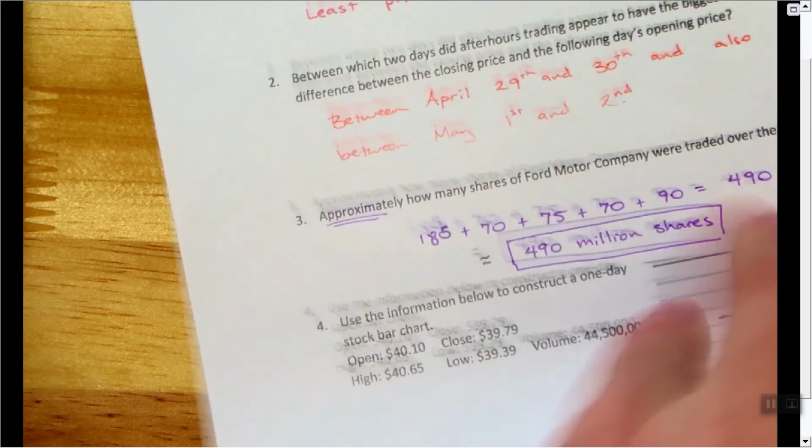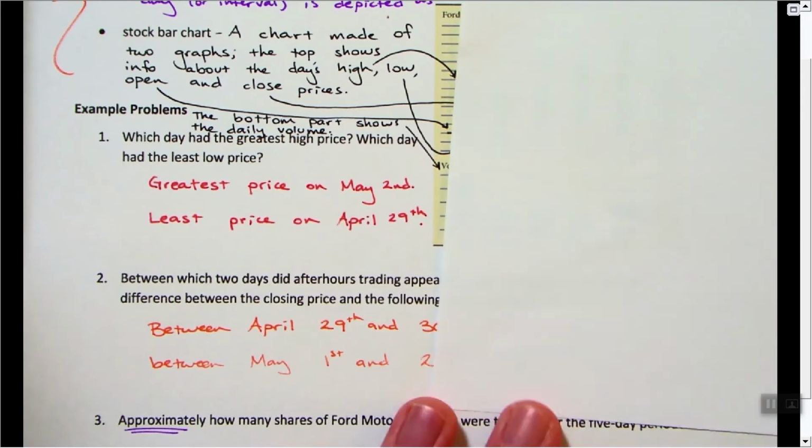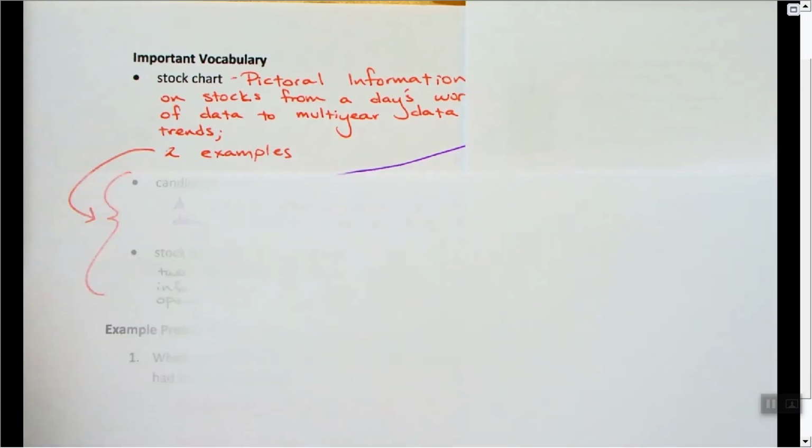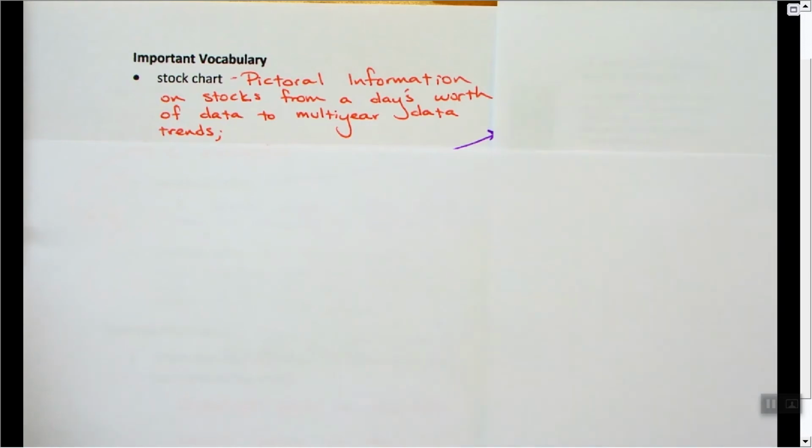Okay, so first we'll want to look at a stock chart and what a stock chart is in general. Okay, so a stock chart is pictorial information of stocks from a day's worth of data to multi-year data trends.